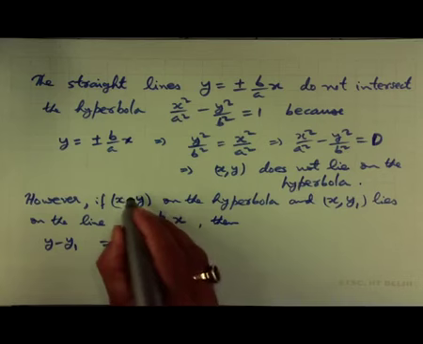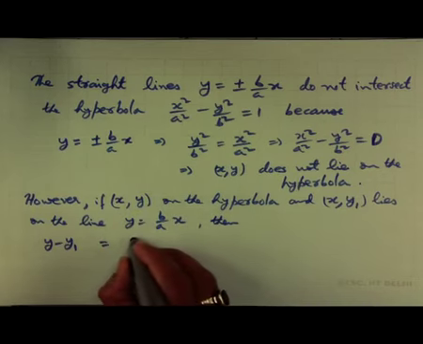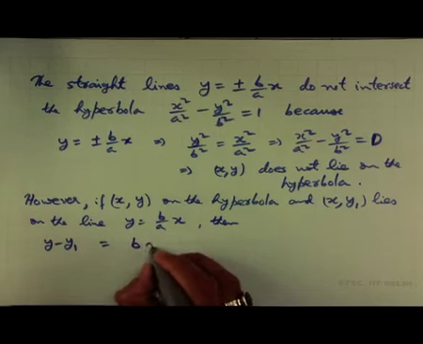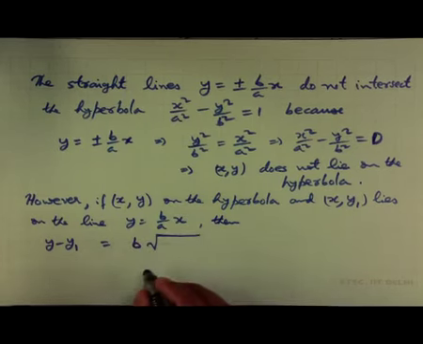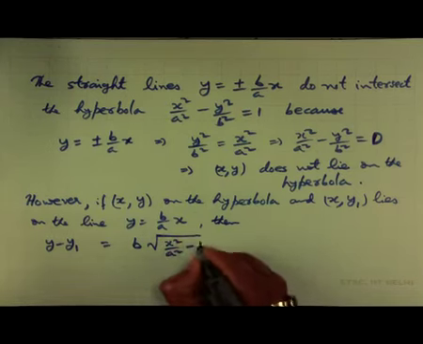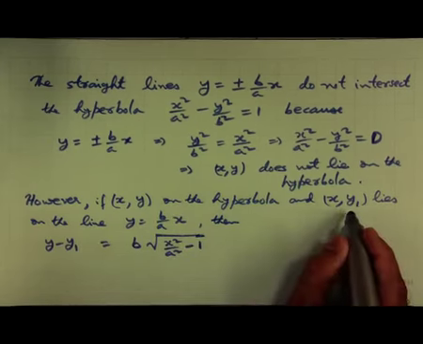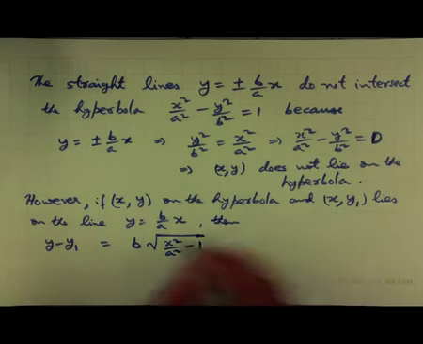So, y lies on the hyperbola. So, y can be written as b times square root of x square by a square minus 1, and y 1 is on the line.